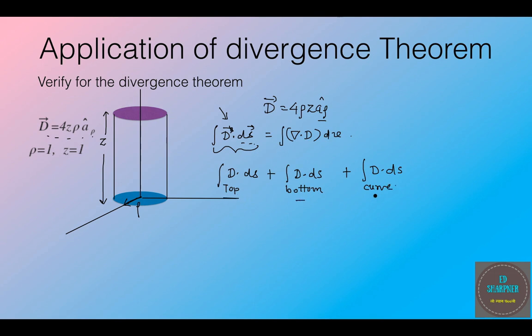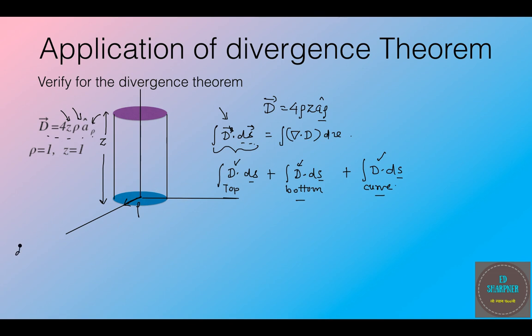In these three segments, if we divide the surface integral, we put the same D value everywhere. Only thing that changes is ds, because in every direction the ds value is different. We are using the cylindrical coordinate system because we find the variables like rho and z, and that is why we are choosing the cylindrical coordinate system to solve this.